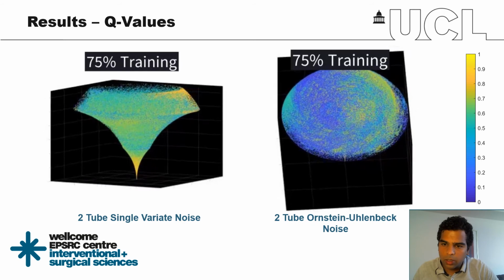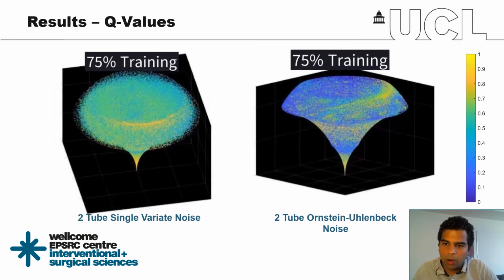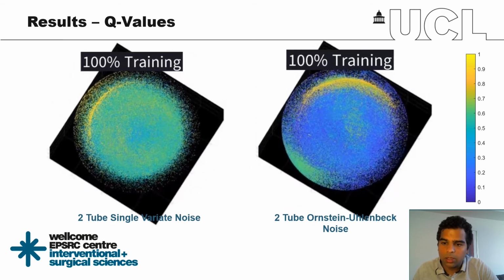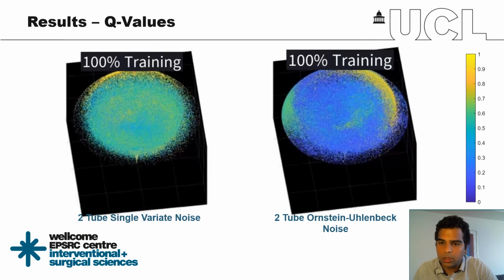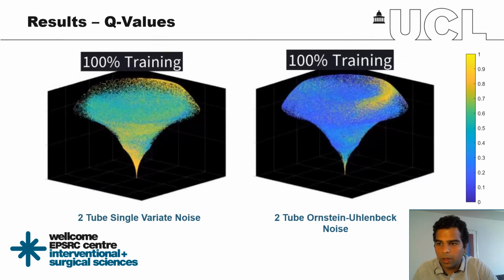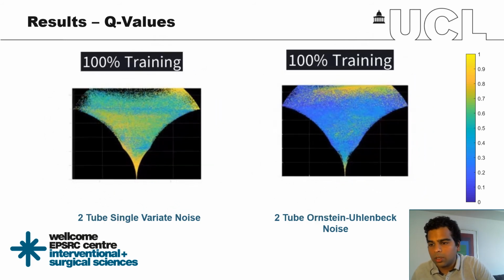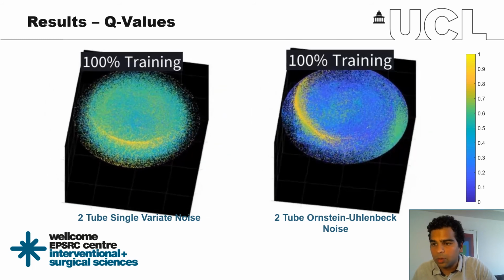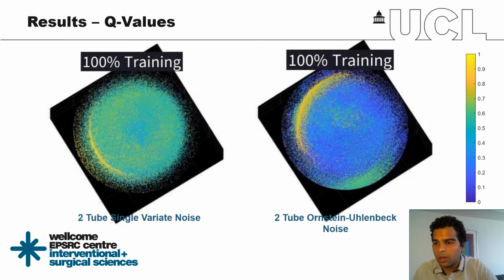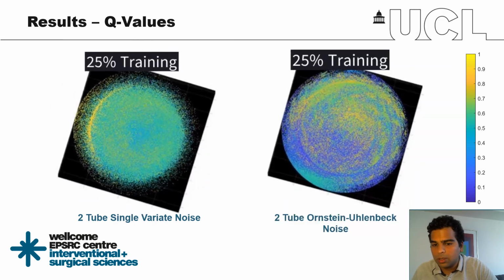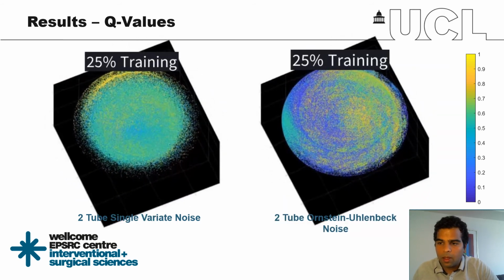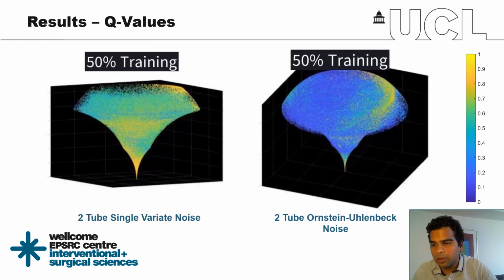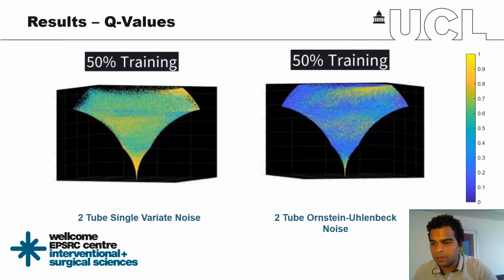So what we see here is that because the critic is poor at estimating Q values in the single variate case, we see a homogeneous set of Q values, whereas in the Ornstein-Uhlenbeck case, the critic has become fairly good at estimating Q values, so we see a more diverse set of Q values, which makes sense because depending on state and desired goals, we can get different Q values.